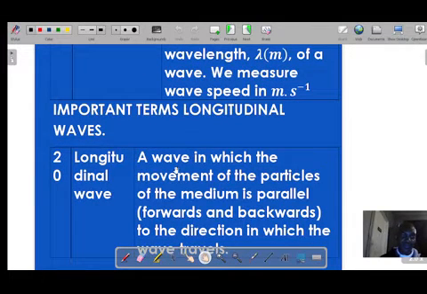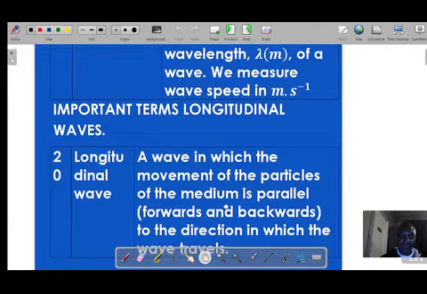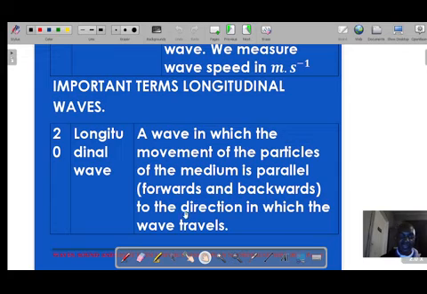Now, what's a longitudinal wave? It is a wave in which the movement of the particles of the medium is parallel, that is, forwards and backwards, to the direction in which the wave travels.